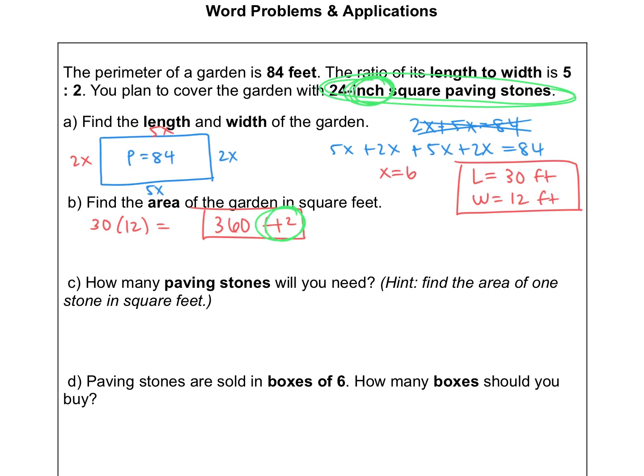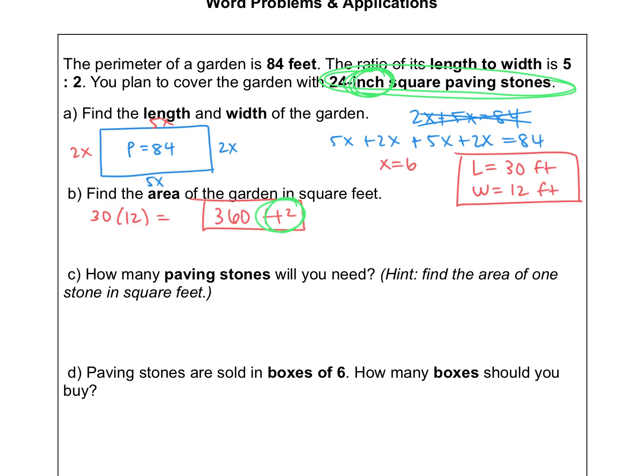So if we take a look at these pavers and we draw ourselves a little picture, so draw this with me, please. Our paver is 24 inches by 24 inches. So maybe we convert that to feet instead. 24 inches, how many feet is that? 2, right?